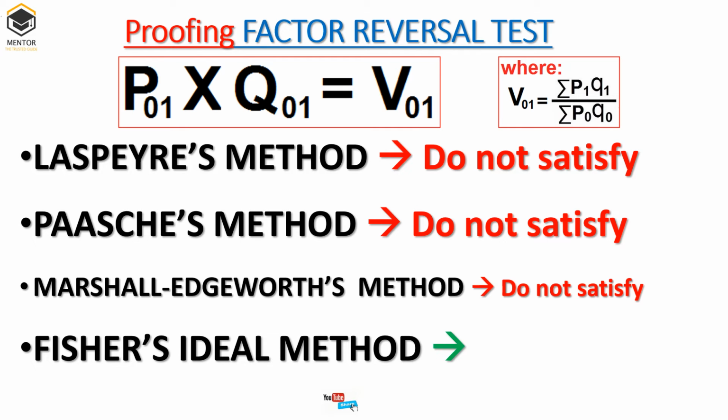Only Fisher's ideal method is going to satisfy the factor reversal test. That's the reason Fisher's method is also called Fisher's ideal method, because it satisfies both the time reversal and the factor reversal tests.